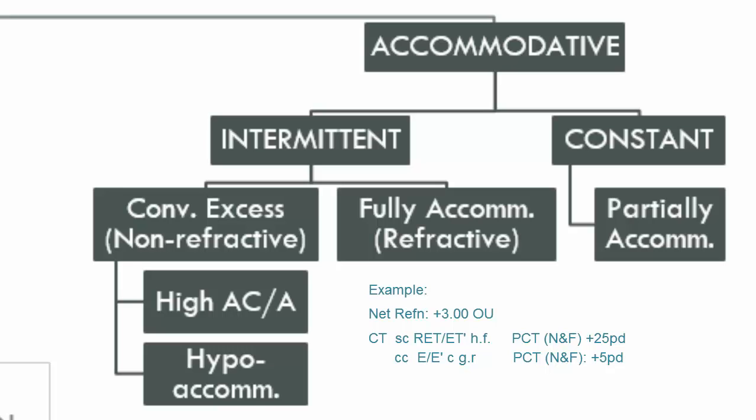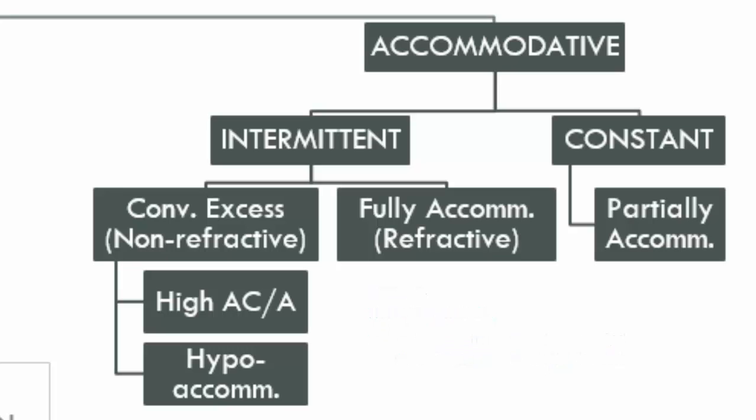So the fully accommodative esotropia is where a patient's esotropia is totally related to the refractive error. And the reason they're intermittent is because the manifest deviation is there without glasses but not there with glasses. And in some instances, even without glasses, the patient may flip between states of being esotropic and having an esophoria, so controlling it and not controlling it.